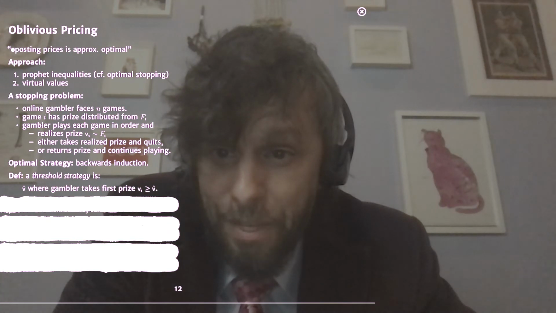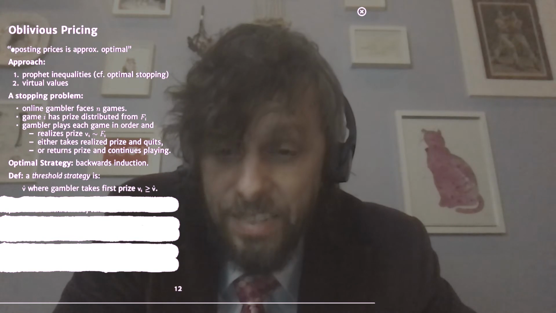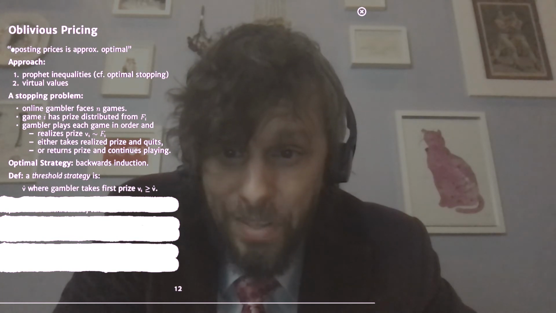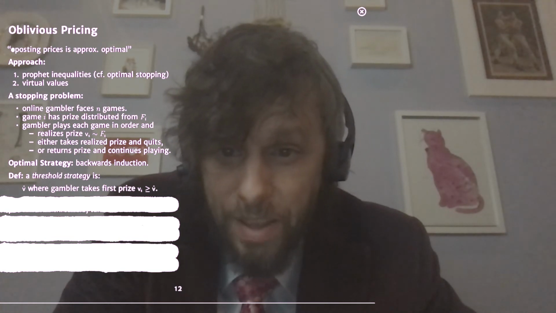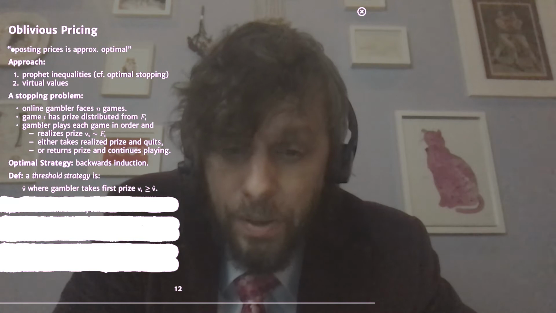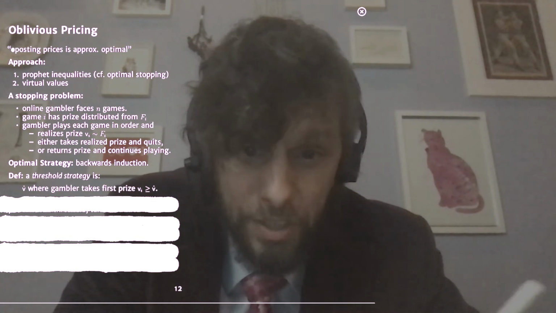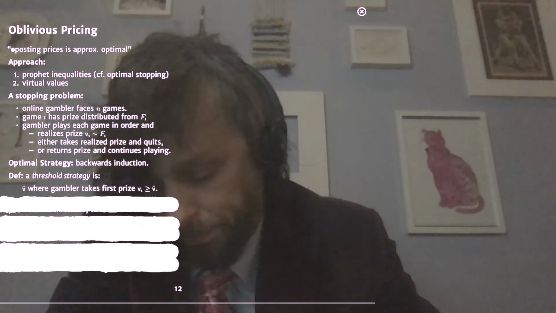So I'm going to define a threshold strategy as fixing a single number, v hat, where the gambler takes the first prize which has value at least v hat. So unlike the backwards induction solution, which has different thresholds for each prize, this is a single threshold.